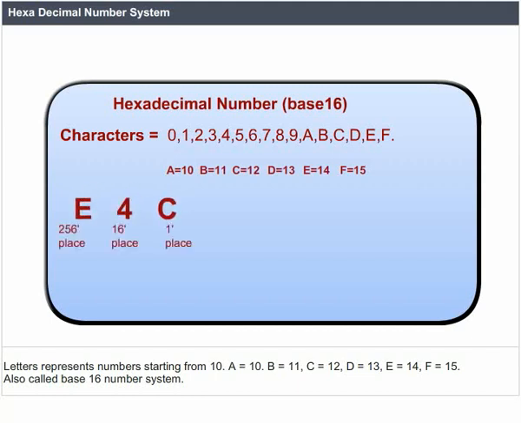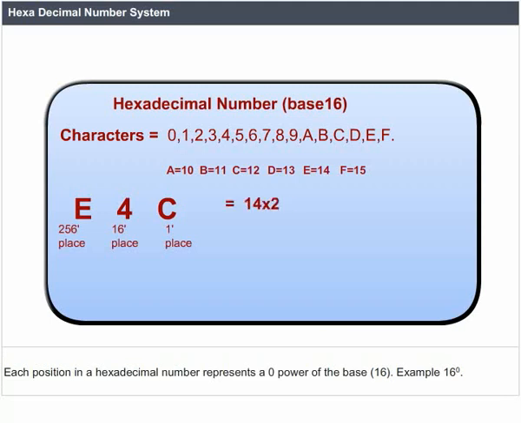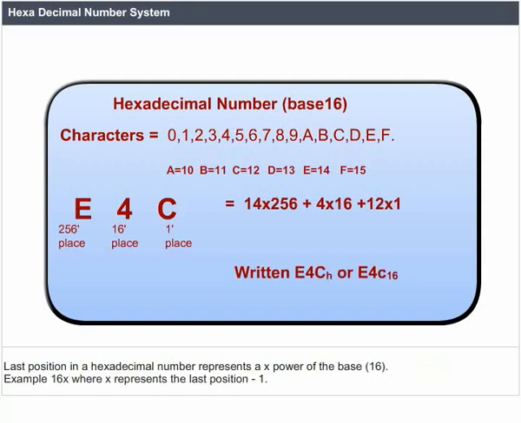Also called the base 16 number system. Each position in a hexadecimal number represents a power of the base 16. Example, 16 to the power 0. The last position represents an x power of the base 16. Example, 16 to the power x, where x represents the last position minus 1.